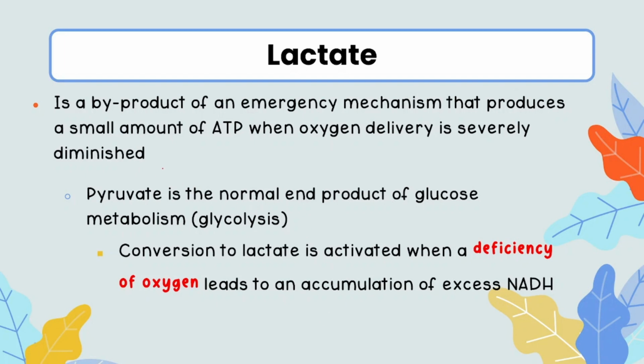So, here, pyruvate is your normal end product of glucose metabolism, especially if we are looking at glycolysis. Pyruvate will be converted to lactate when there is a deficiency in oxygen, which will then lead to an accumulation of excess NADH.